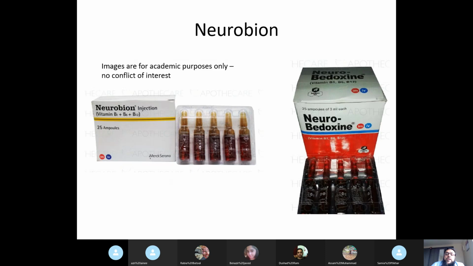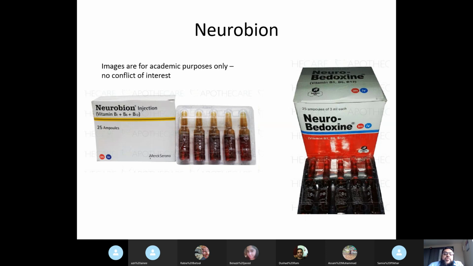Vitamin C is not there. But at least you are getting the desired thing, which is B1, thiamine. You can overcome the thiamine deficiency by using Neurobion or Neurobidoxin.